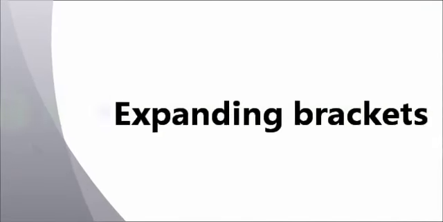Let's now see how we expand the brackets, or how we do the multiplication inside the bracket. So let's take an example. 12 multiplied by 34 plus 6. If we solve the bracket first, what do we get?